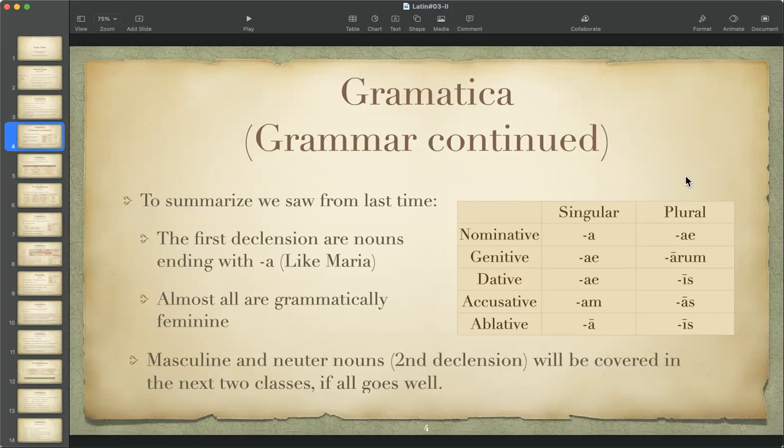And those are the only ways that these endings make sense. I mean, you can memorize a bunch of nouns, like even in English, cat, dog, frog, tree, but it doesn't tell you how to put it in a sentence. And so we got to have a little bit more grammar and a little bit more vocabulary before we are able to do that.